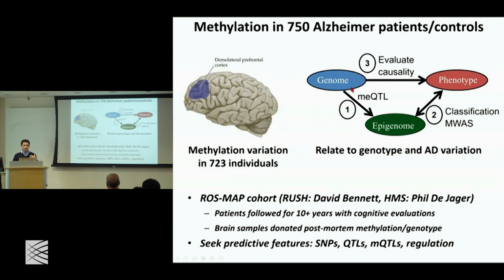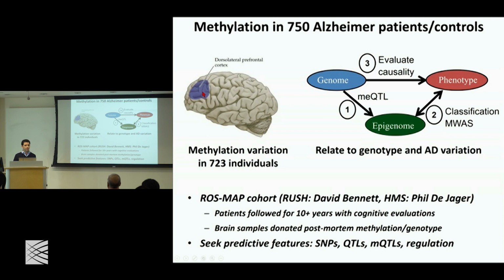So to do this, we basically collaborated with the ROSMAP cohort led by David Bennett at Rush University, and also collaborated with Phil de Jager at the Harvard Medical School, who's now in Colombia, to look at epigenomic variation in the post-mortem brain of hundreds of individuals that David has followed for more than 10 years using cognitive evaluations and hundreds of phenotypic assays, whose brains were donated post-mortem.